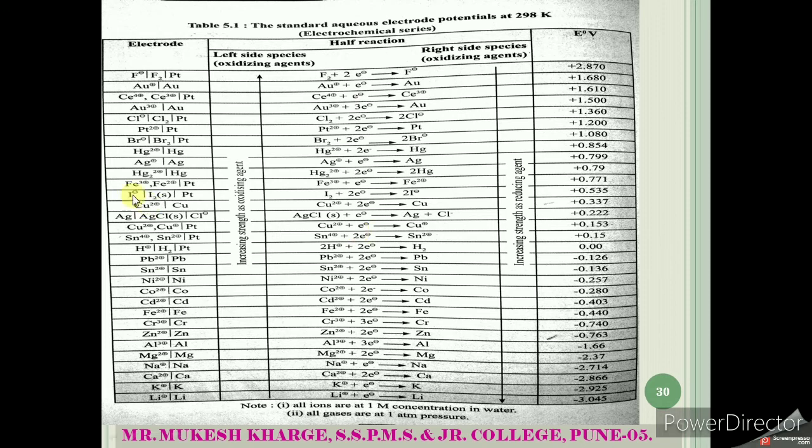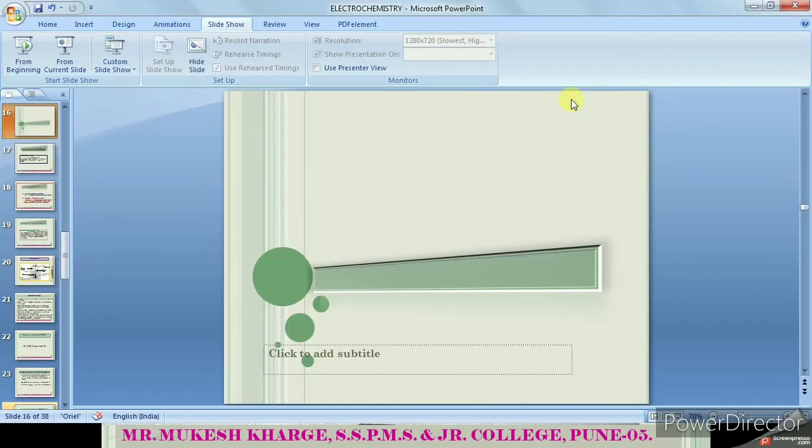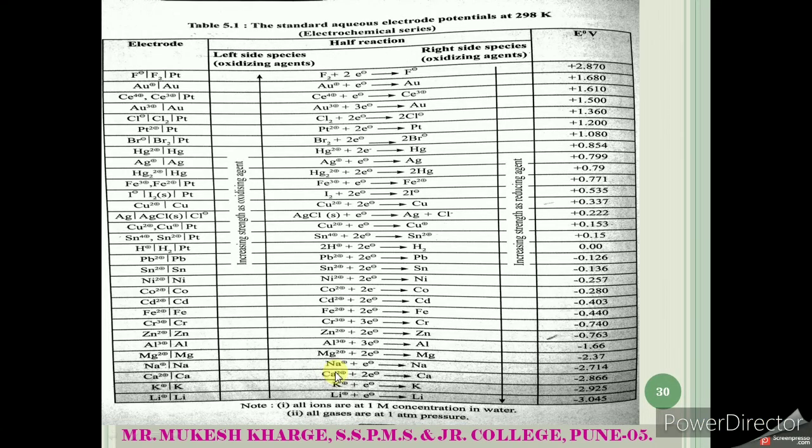On the left hand side are the oxidizing agents, and if we go in the upward direction, the strength of the oxidizing agent goes on increasing, while on the right hand side of this series reducing agents are placed, and if we move in the downward direction, the strength as a reducing agent goes on increasing.